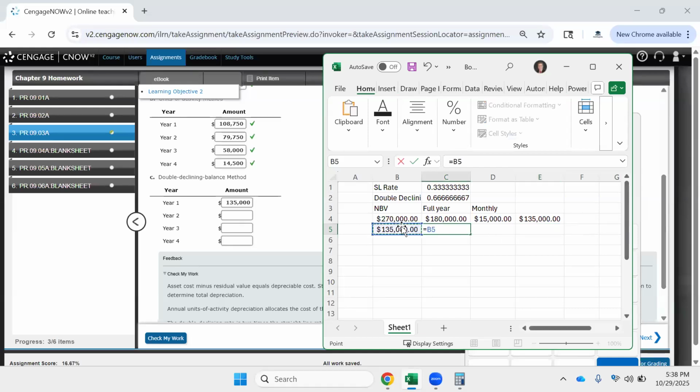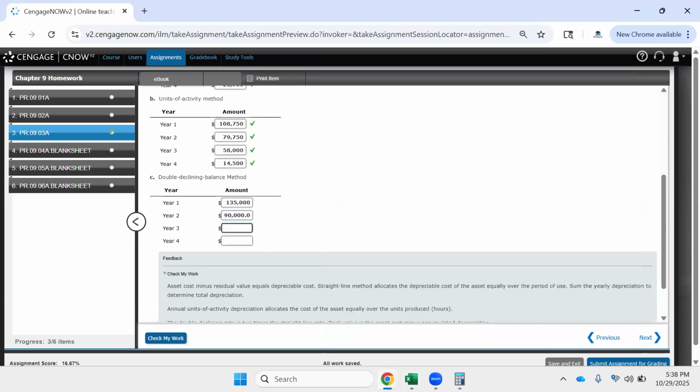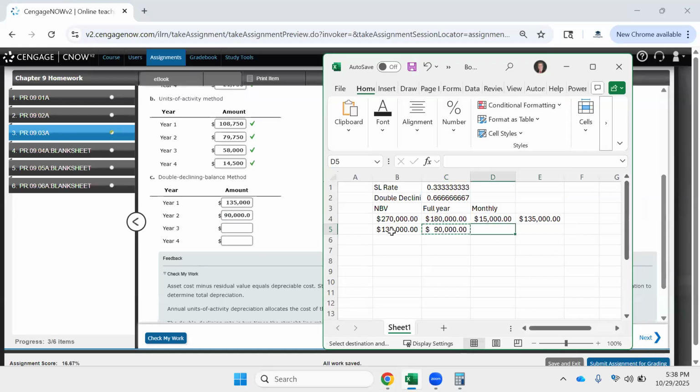We have to multiply that by 66.67%. And our full year depreciation for year two is $90,000. And it's for 12 months, so we don't have to go into the monthly amount. And our remaining net book value is $45,000.